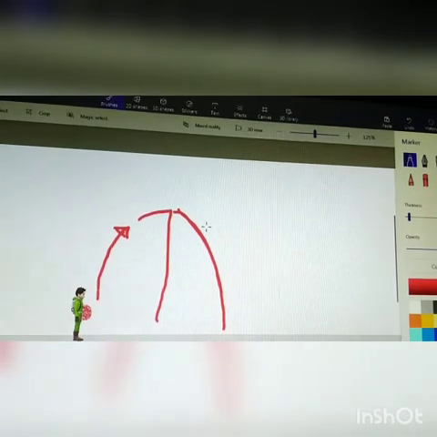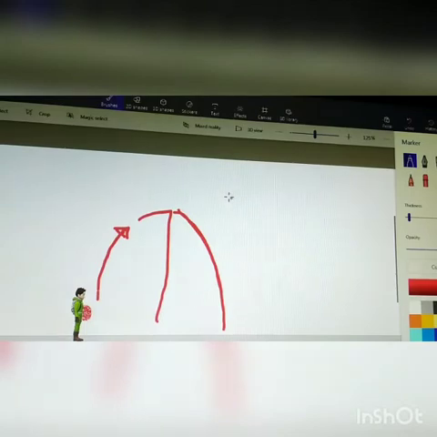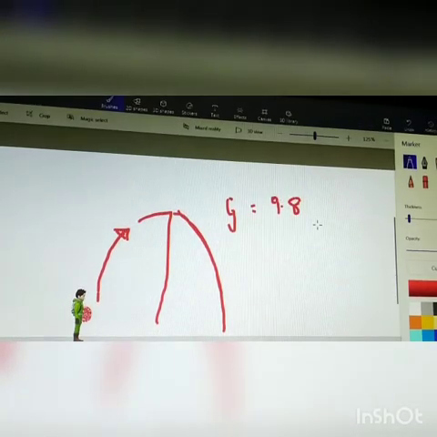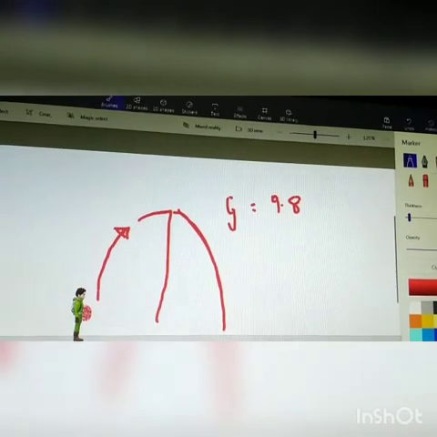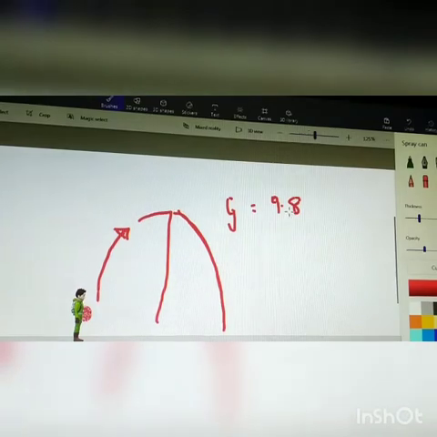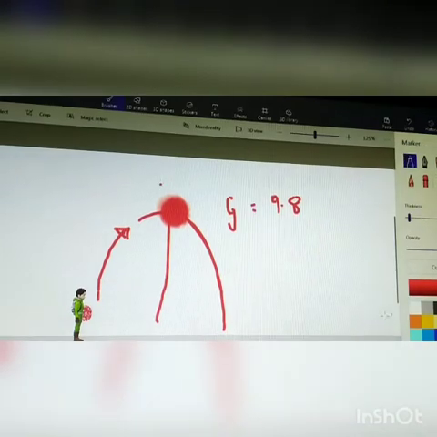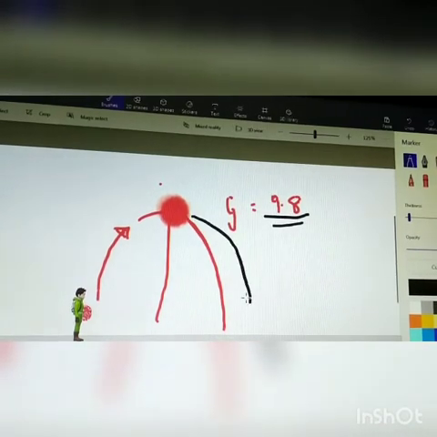As I discussed in the last video, the acceleration due to gravity, g, is equal to 9.8 meters per second squared, meaning that it is the acceleration that gravity exerts on an object. So this ball will be experiencing an acceleration of 9.8 meters per second squared when it is dropping down again.